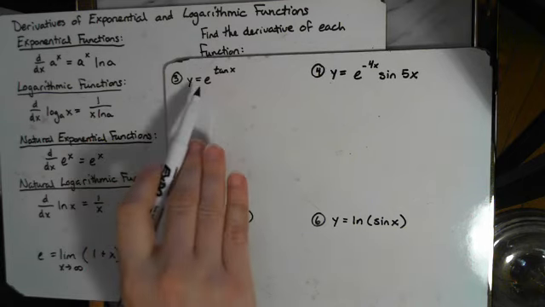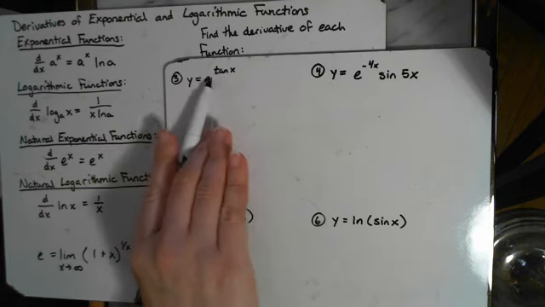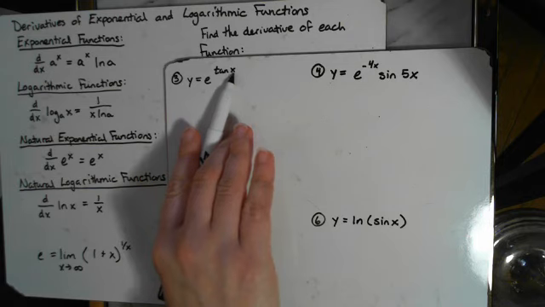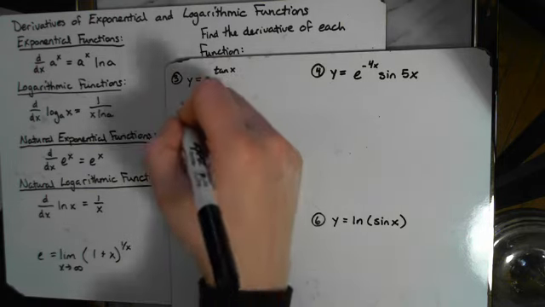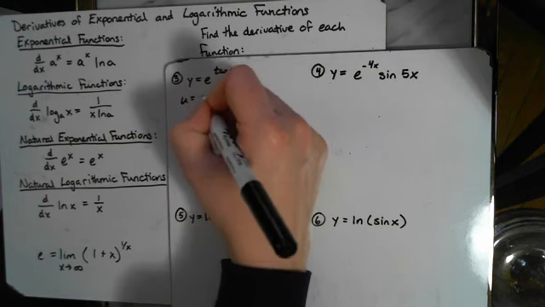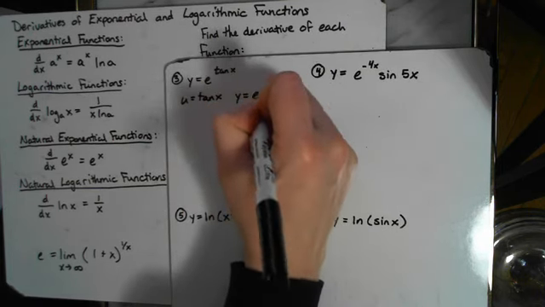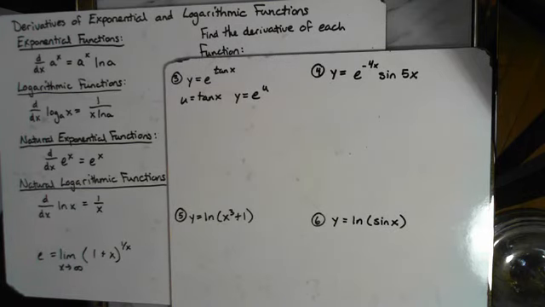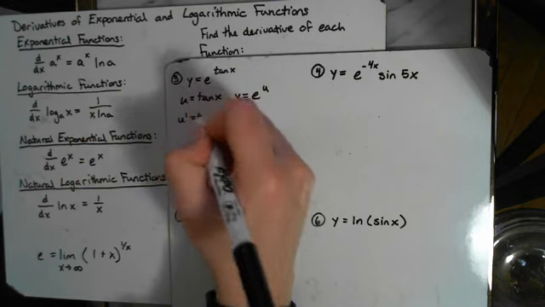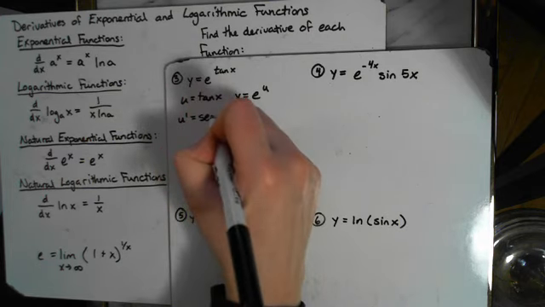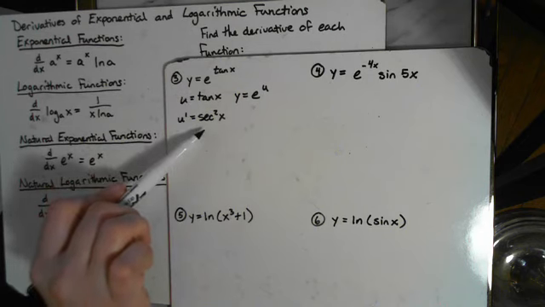So let's take a look at an example. I have y equals e to the tangent x. Now again, this variable that's supposed to be up here has a function in it. So I'm going to use the chain rule again. So I'm going to let u equals the tangent x and y equal e to the u power. Now I'll do my chain rule. Derivative of u is going to be secant squared x, because the derivative of tangent is secant squared.